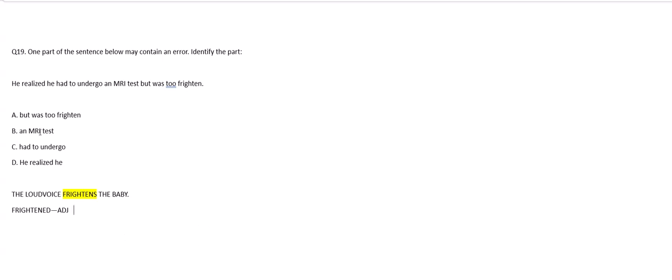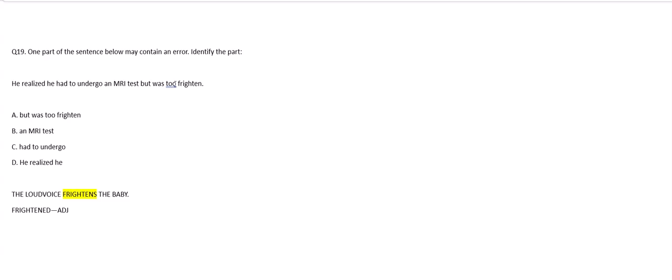According to this, in "he realized he had to undergo an MRI test, but was too frightens," the option is wrong because frightens is a verb usage. What is the best fit here? Frightened, because an adjective has to come here.